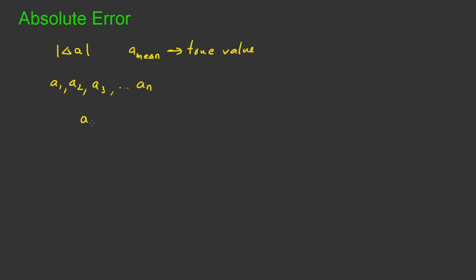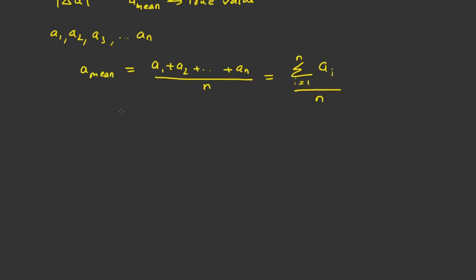Then the arithmetic mean of the measurements, A mean, is equal to A1 plus A2 plus etc. plus AN divided by N, that I can write as sum of i equal to 1 to N of Ai divided by N. Therefore, the errors in individual measurements are given by delta A1 is equal to A mean minus A1, delta A2 is equal to A mean minus A2, like that. Delta AN is equal to A mean minus AN.